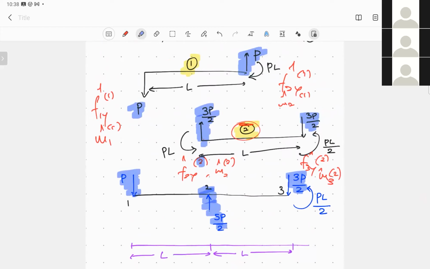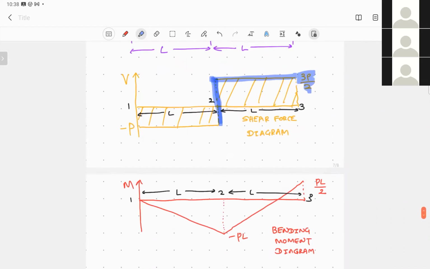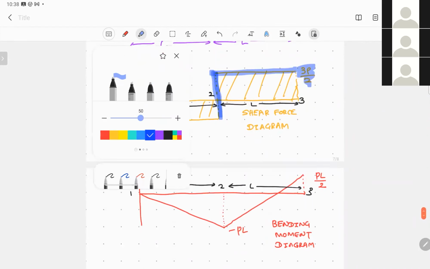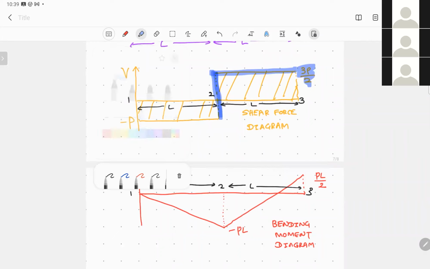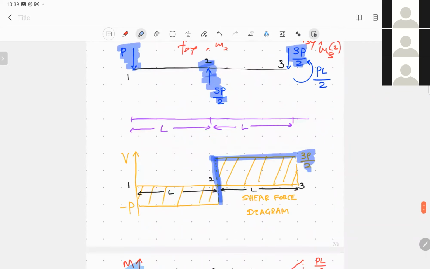Considering the bending moment, we know that at node number 1 there is no bending moment involved, since it's free to rotate, and at node number 2 it increases up to minus PL by 2.